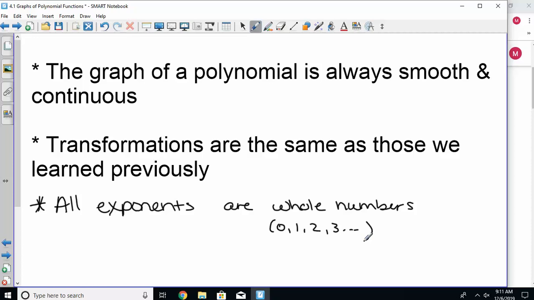You cannot have a fraction for an exponent, which also means you can't have a variable under a square root. You cannot have a negative exponent, which also means you can't have a variable in the denominator of a fraction. So when I'm looking at a polynomial, every exponent on my variable has to be a whole number.